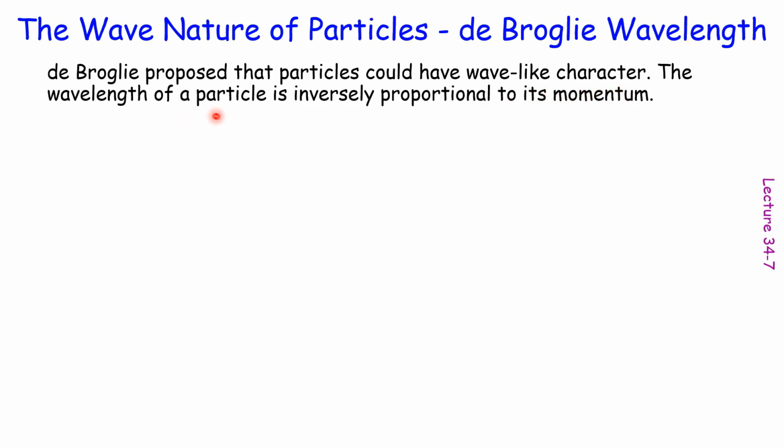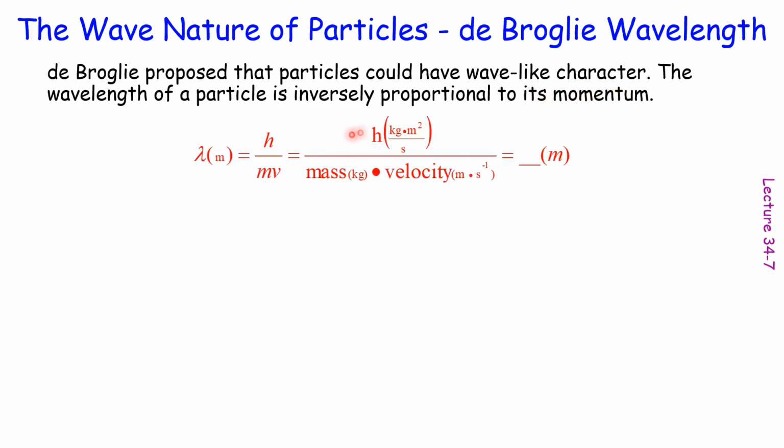The wavelength of a particle is inversely proportional to its momentum. m times v, that's momentum. m is mass, v is the speed of the particle traveling, or velocity. We call this equation the de Broglie equation.